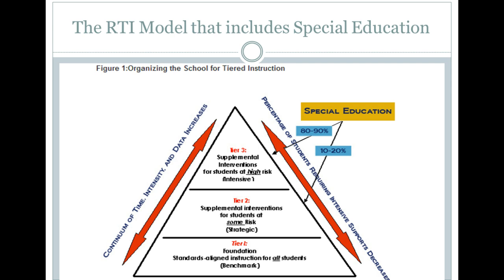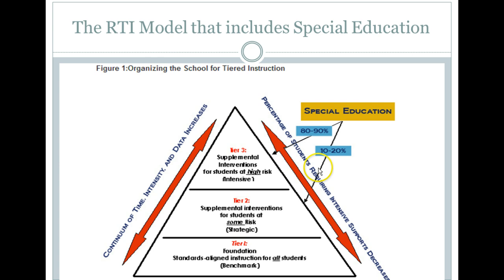Here's that RTI model, including special education, right? So here we have our Tier 1 Foundation Standards Aligned Instruction for all students. Tier 2 has some supplemental interventions for students at some risk, and then Tier 3 is for students that are high risk. So over here you have an increase of time, intensity, and data, and over here you have a decrease of the percentage of students requiring intensive supports.